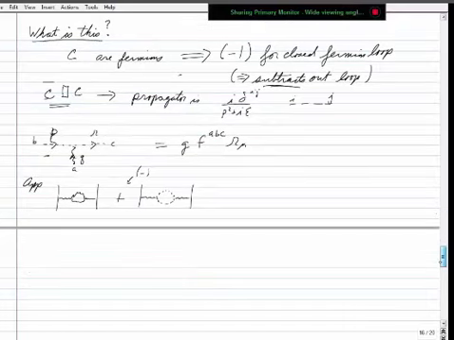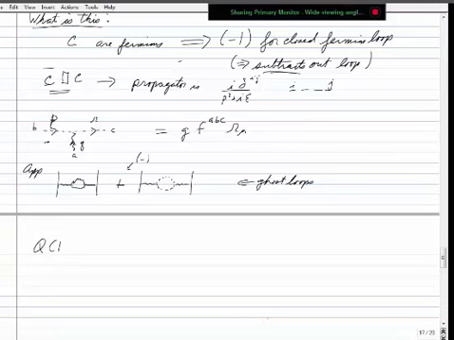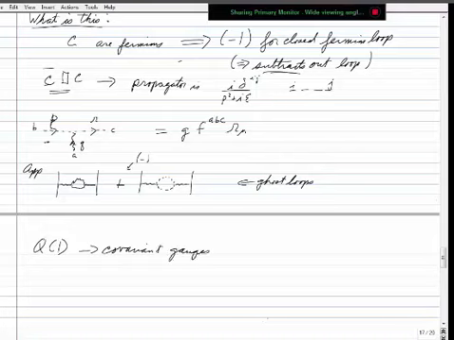If this is momentum p coming in, q coming in this way, r going out that way, so p, q, r, and I'm labeling this A, B, C are the colors.